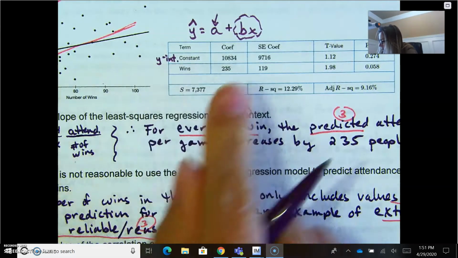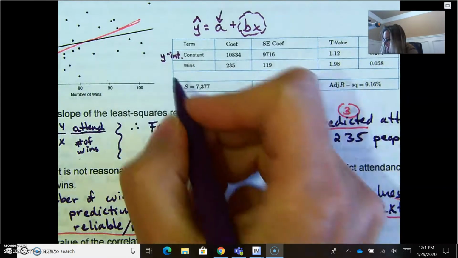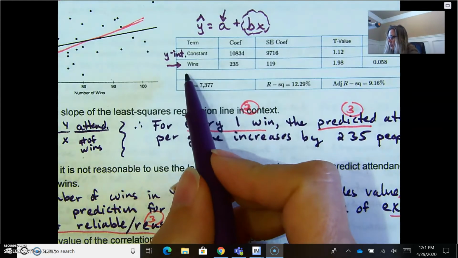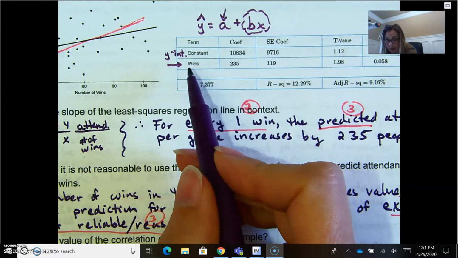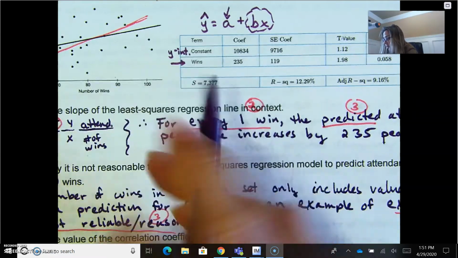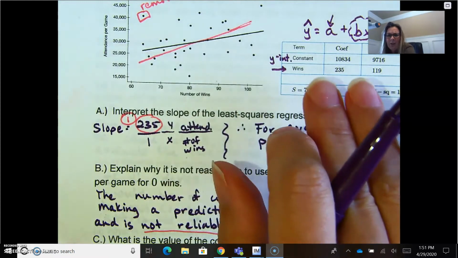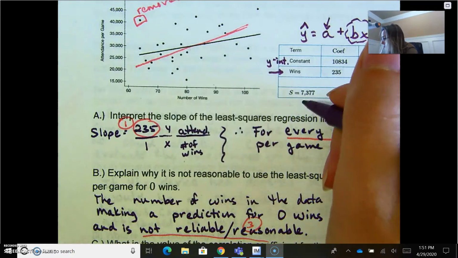Okay, so anywho, we're looking for the slope. So we don't want 10834, we want the next row. All right, so this next row is talking about slope. Even though it only says wins, be careful. Slope is rise over run. Slope compares both the x and the y-axis. So why don't they list both of those? I don't know, maybe just to confuse you, whatever.